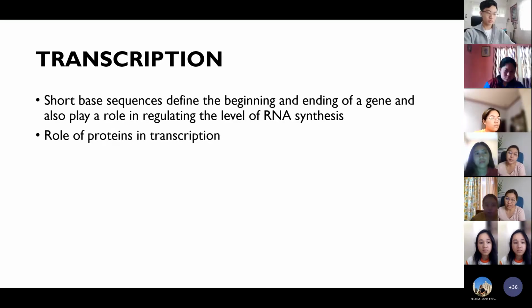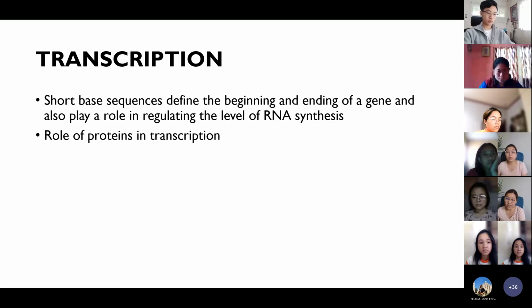One key concept regarding the process of transcription is the short base sequence that defines the beginning and the end of our gene. And it also plays a role in regulation of our RNA synthesis. So we will begin by examining the sequences that determine where the transcription would start and where it will end.